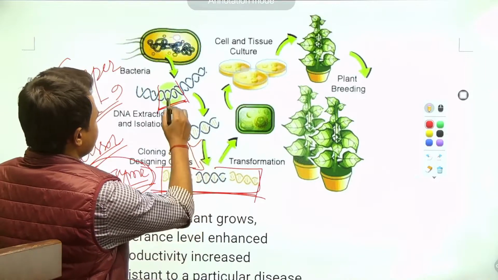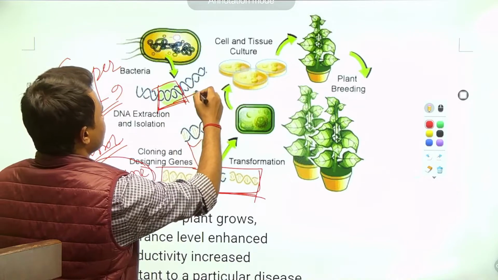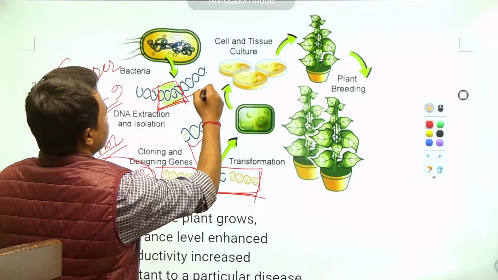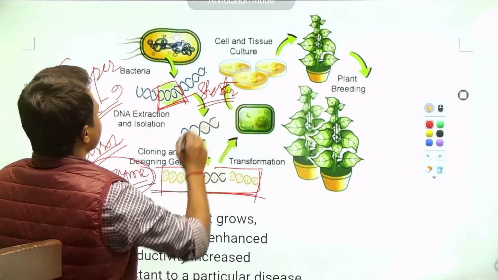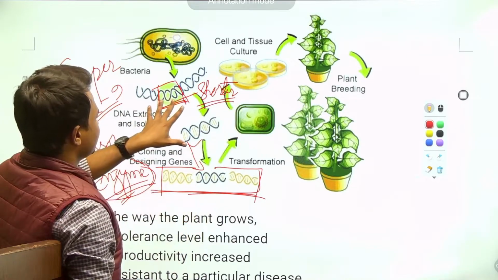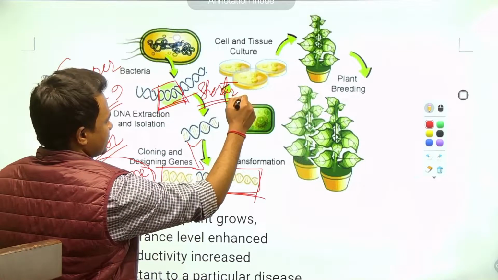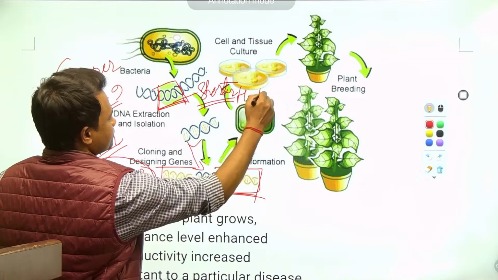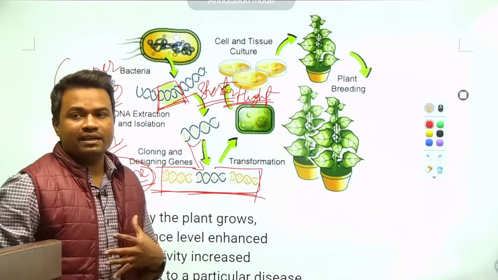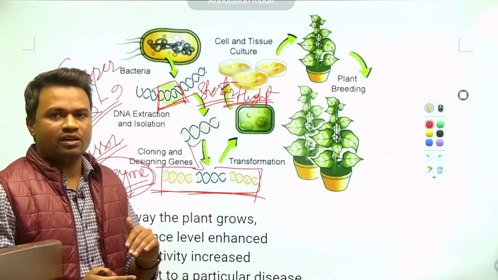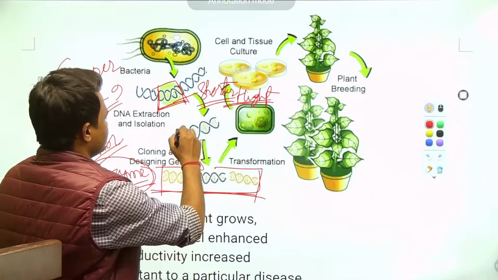Let's say this is a desired gene with a particular character, like being shorter. The gene inserted here will give a shorter height to a particular plant. Suppose we wanted a plant that is much shorter, not taller, for a particular purpose.